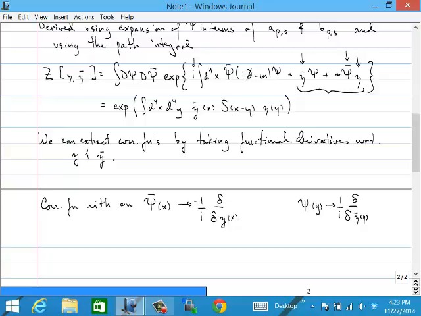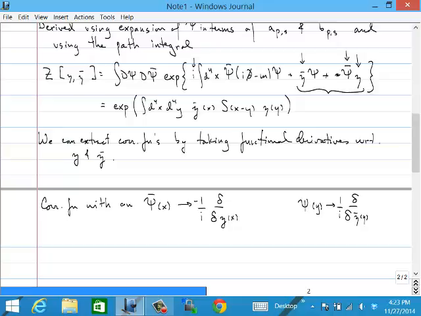So let me just give you an example to make this all explicit. Let's say we want to compute a 4-point function. So let's try psi bar, psi, psi bar, psi. Let's say we want to compute this in free field theory for a free Dirac fermion.